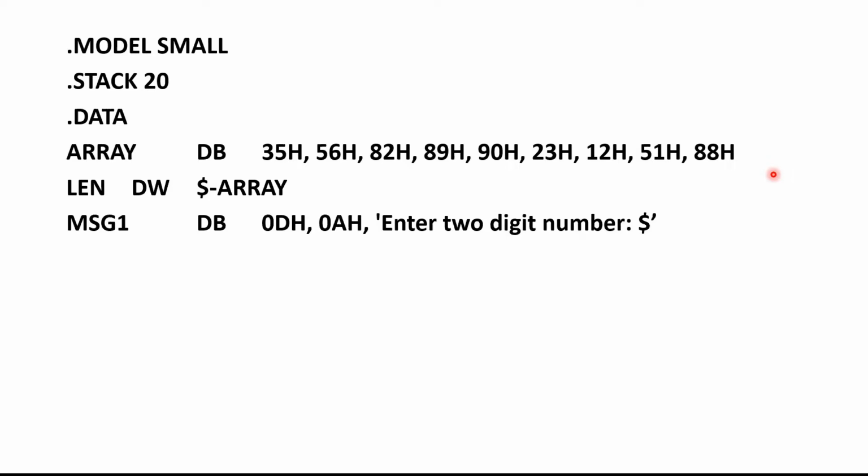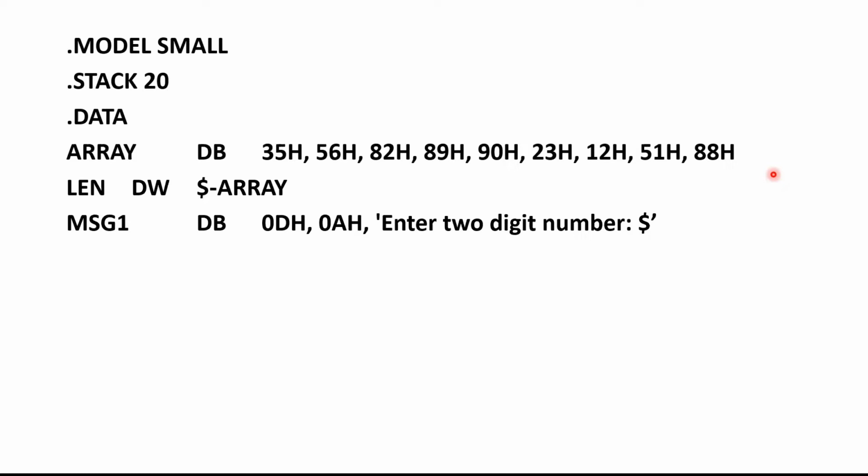Next, I am going to generate the length of this particular array. It completely depends on the user; they can define any length of array of data. Next, I have multiple messages to be displayed.